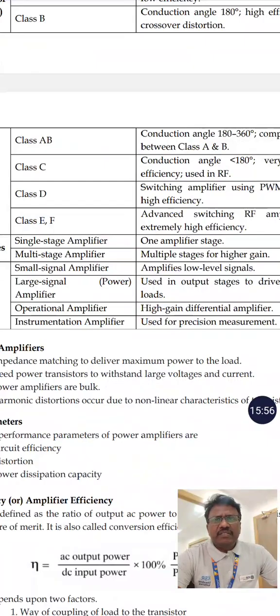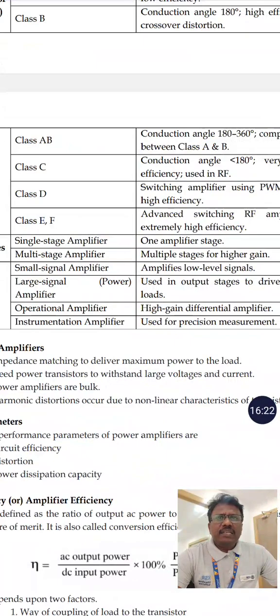It is used in television, radio receivers, instrumentation and communication systems. For example, suppose stage 1 gain is 20 and stage 2 gain is 30. Therefore overall gain is 20 times 30, which is 600. That is why multi-stage amplifiers are preferred whenever large amplification is required.